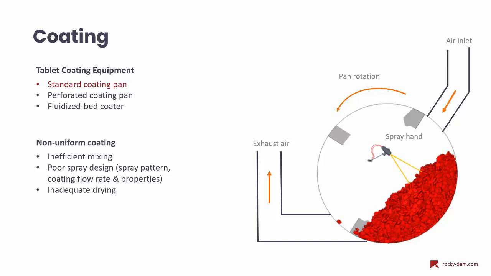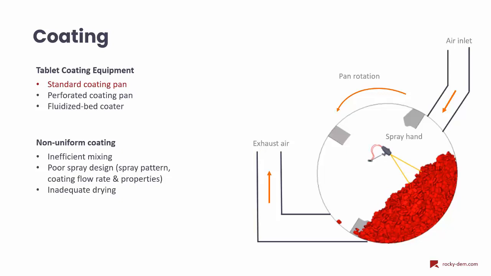Non-uniform coating may happen for several reasons. Among them, we can cite inefficient mixing and poor spray design. For example, if you are using a high coating flow rate or an incompatible spray pattern, you can get non-uniform coating across all the tablets.